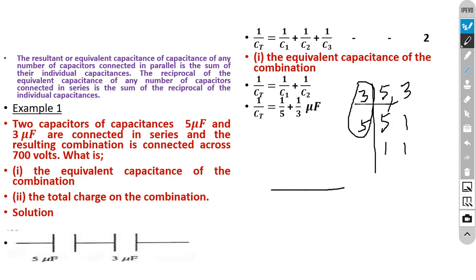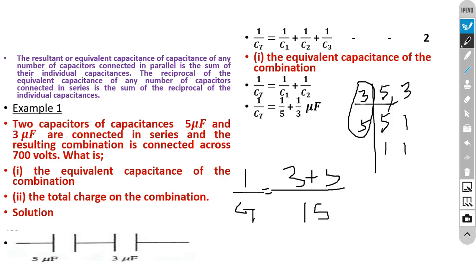And of course, if we have 1 over Ct equals to the LCM here is 15. 15 divided by 5 here will give us 3. 3 times 1 is 3 here. Look at this symbol here, bring it here, plus. 15 divided by 3 here will give us 5.